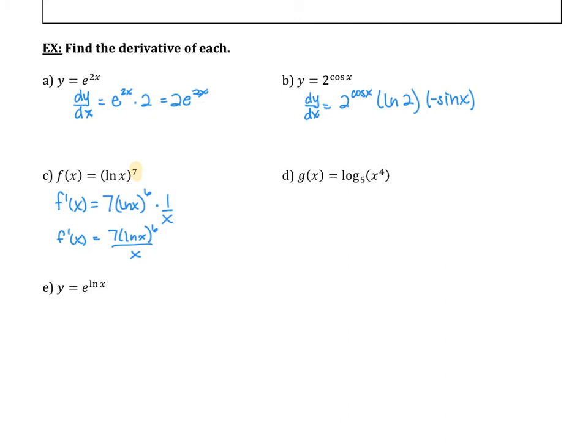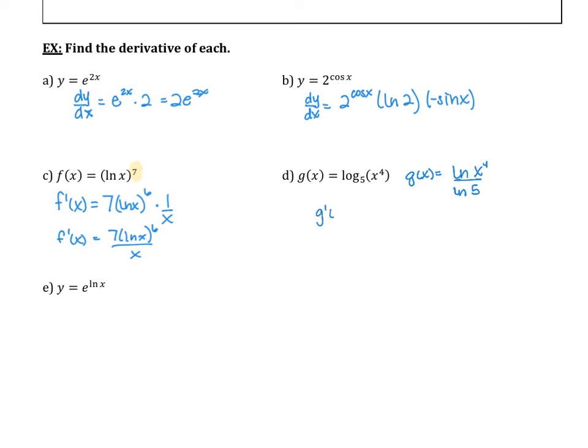All right, next one's fun. If it helps you, you may want to rewrite this using the change of base. So what we have here from g of x is really the natural log of x to the 4th over the natural log of 5 using the change of base. And then when we do that, that natural log of 5 is just a constant.